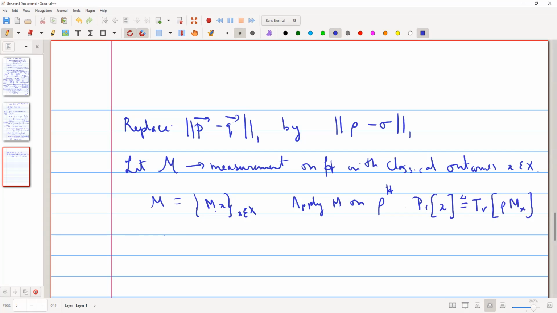And remember what the Mx's are out here. So Mx's are positive semi-definite matrices. This notation, greater than or equal to 0, is an abuse of notation.